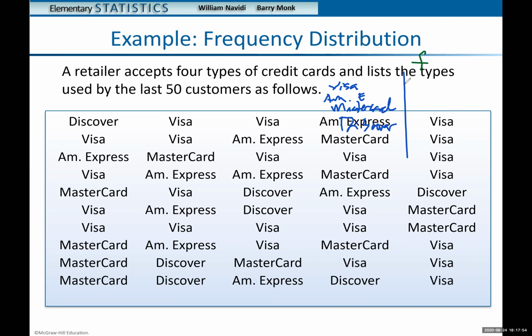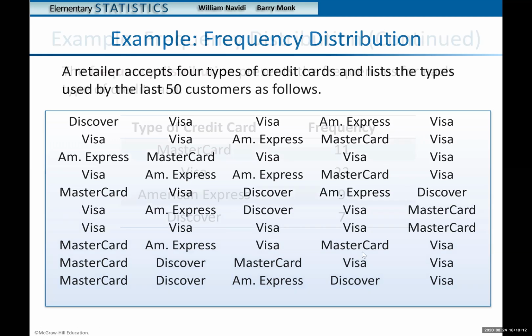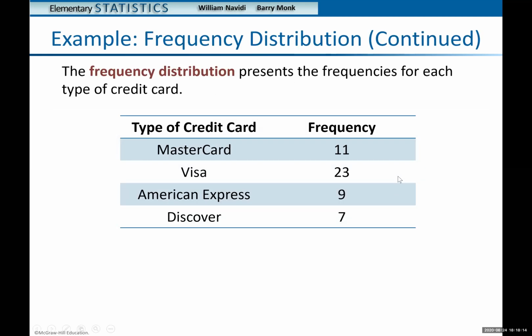So you know how to tally, right? Or you can just count how many Visas, 1, 2, 3, 4, 5, 6, 7, 8, 9, 10, 11, and so on and so forth. And on the next slide, you'll see the tally here, all the frequencies. So copy this. We have a total of MasterCard 11, Visa 23, American Express 9, and Discover cards 7.